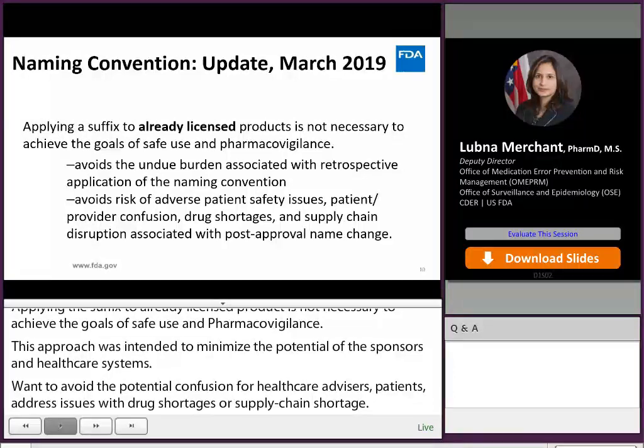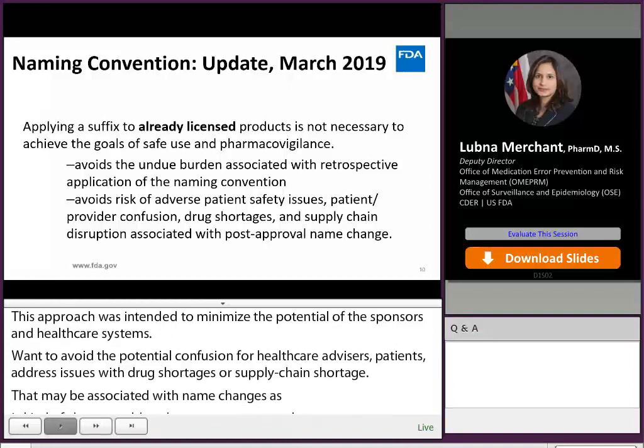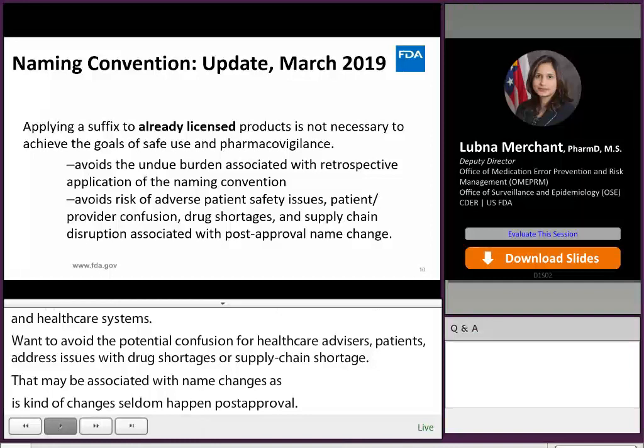FDA still believes that the unique suffixes are a critical tool for tracking adverse events to a particular biological product and for preventing confusion between products.